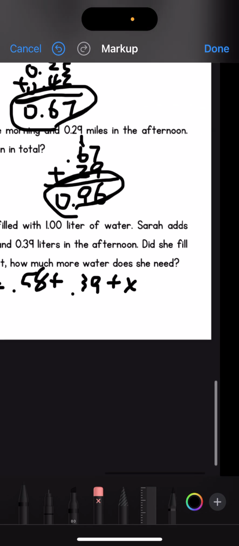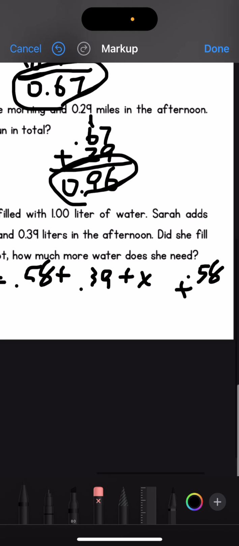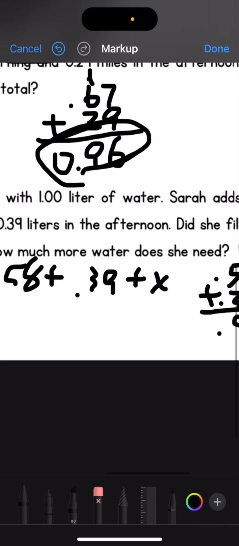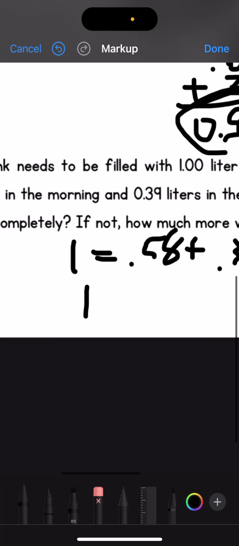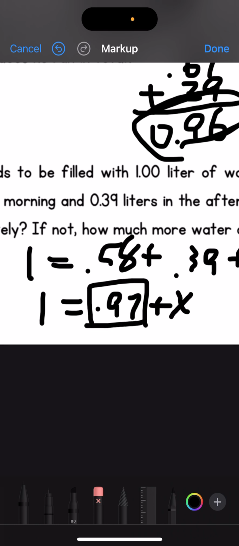Okay, let's just add 0.58 and 0.39 first. We get 17, and we get 97. 0.97. So 1 is equal to 0.97 plus x. So 0.97 is how much she added to the tank, and 1 is how much it needs to be filled up.